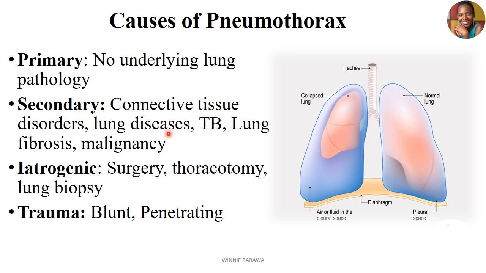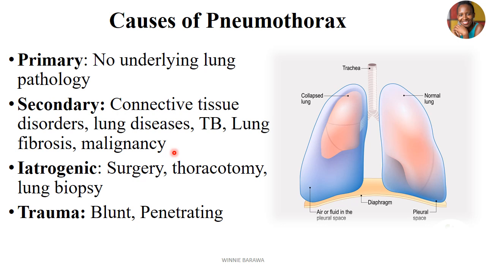It can also be lung diseases, chronic TB, lung fibrosis, and malignancy. So these diseases around our respiratory system can basically lead to an opening that can allow air to enter directly from the environment, or it can allow air leakage from the lung tissue itself.